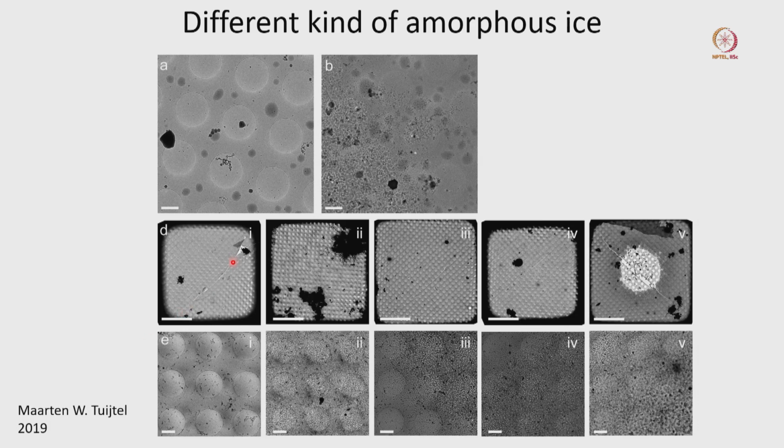Here you can see one square that is completely broken. This kind of square we should not use for imaging because it will be very difficult to adjust your Z. And here you can see some kind of contamination, black patches or patterns. This contamination may be coming from the liquid nitrogen or liquid ethane, or it may be some kind of ice contamination.